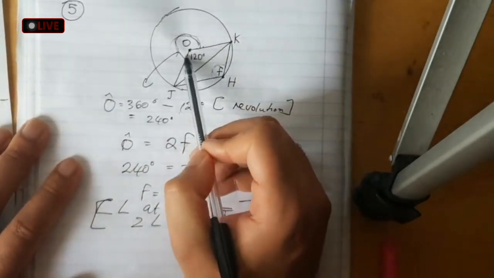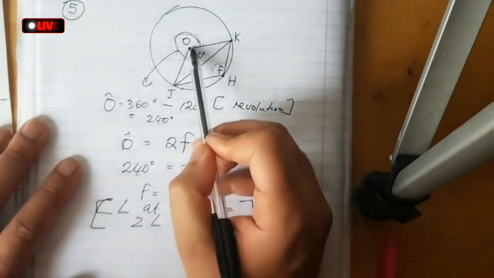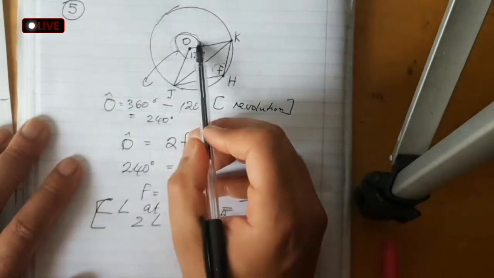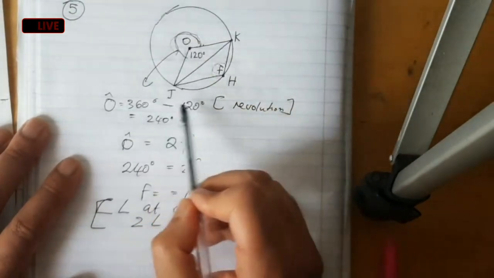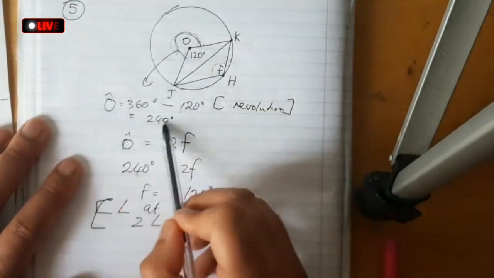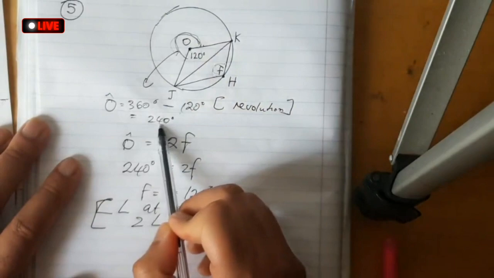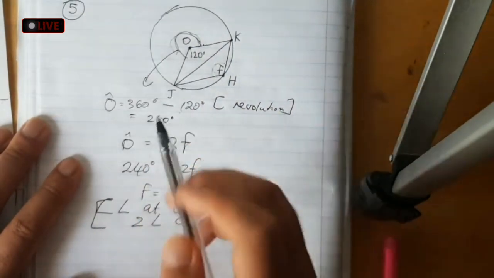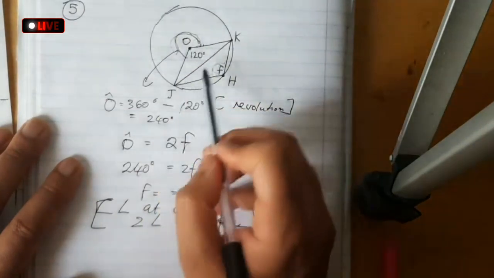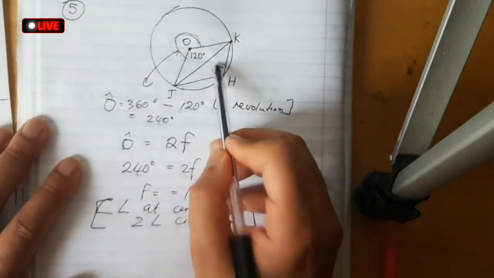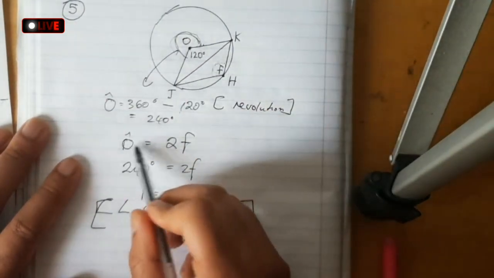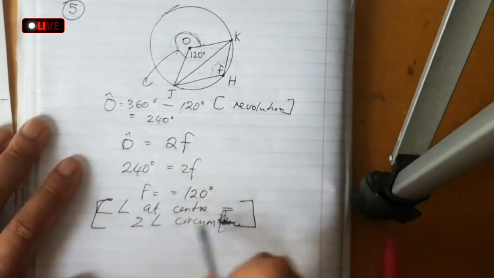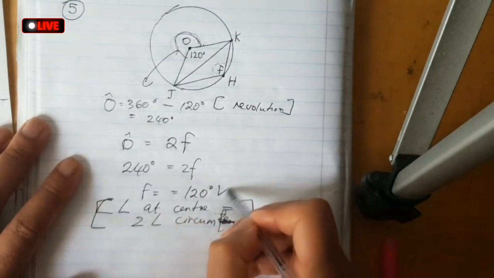We get it by using revolution: this is 360 all the way around. So it's going to be 360 minus 120, and we solve this angle O. O is equal to 240. Now we can say that this angle is twice the one at the circumference, so O is equal to 2f, and we solve for f from this point onwards. So f is equal to 120.